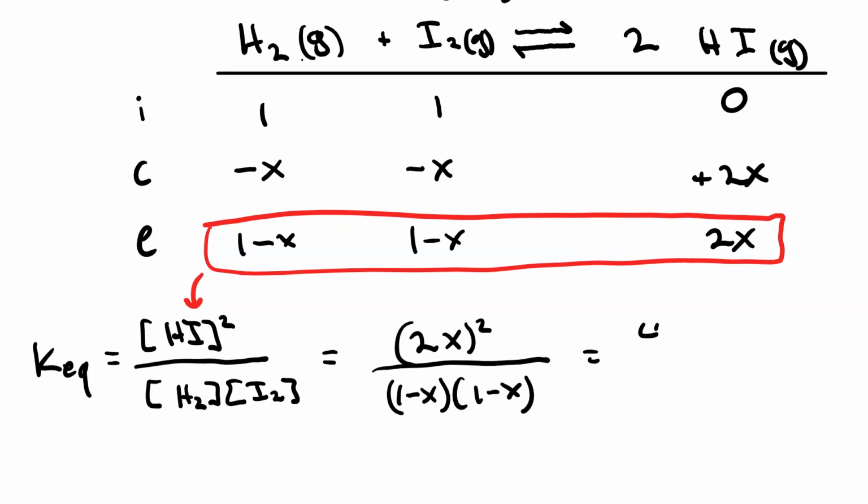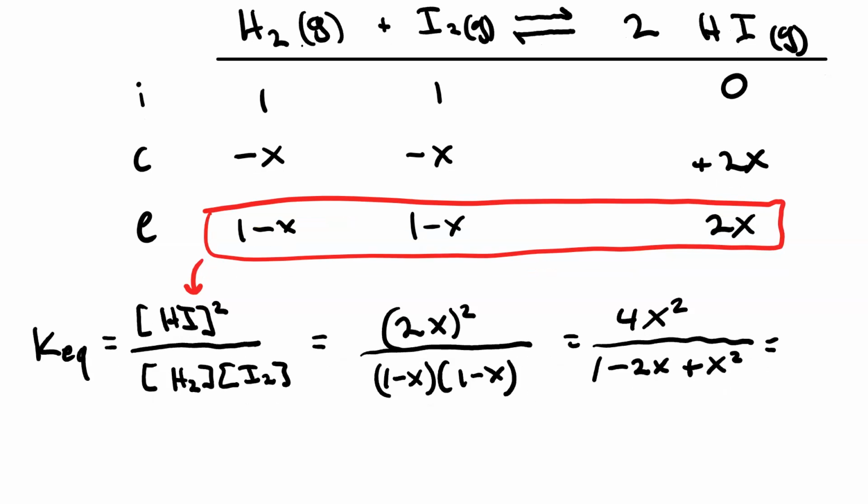So we get 4x squared over, now we have to FOIL the bottom, 1 minus 2x plus x squared. And we set that equal to the KEQ value of 45.9.